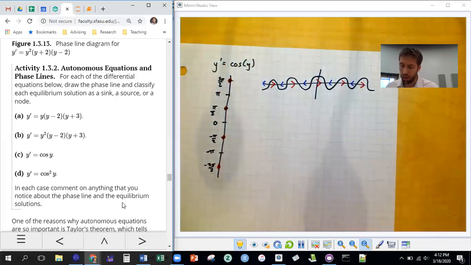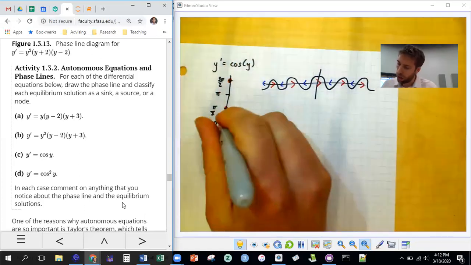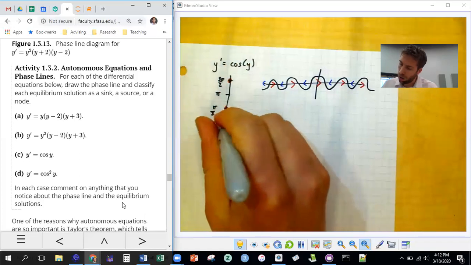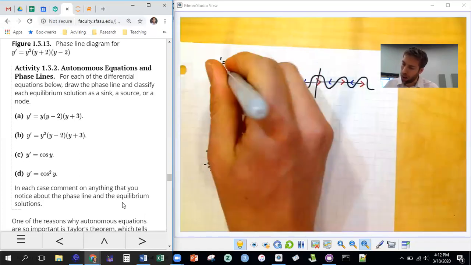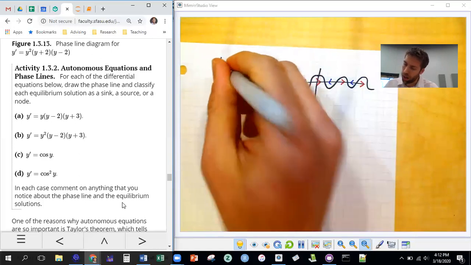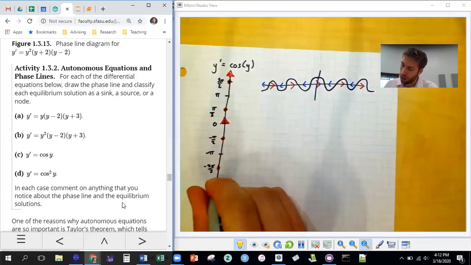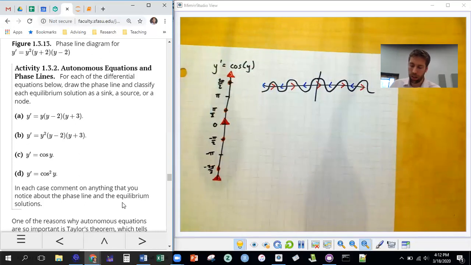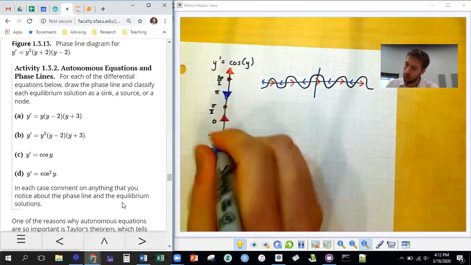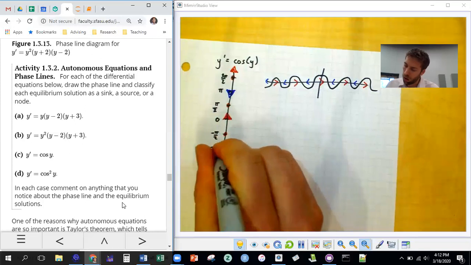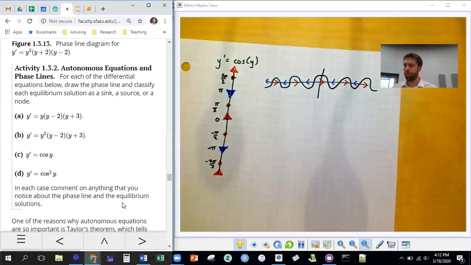And so here at 0, it's going up. And then it's going up there and up there. And then it's going down here and down there.